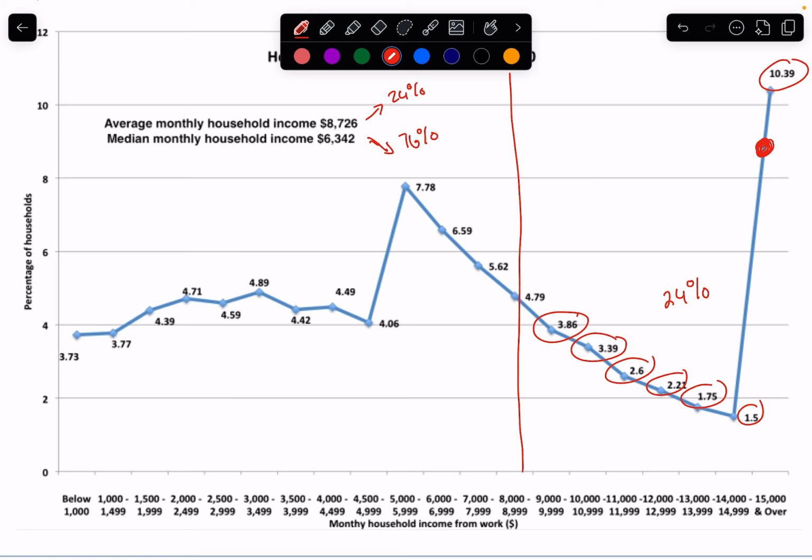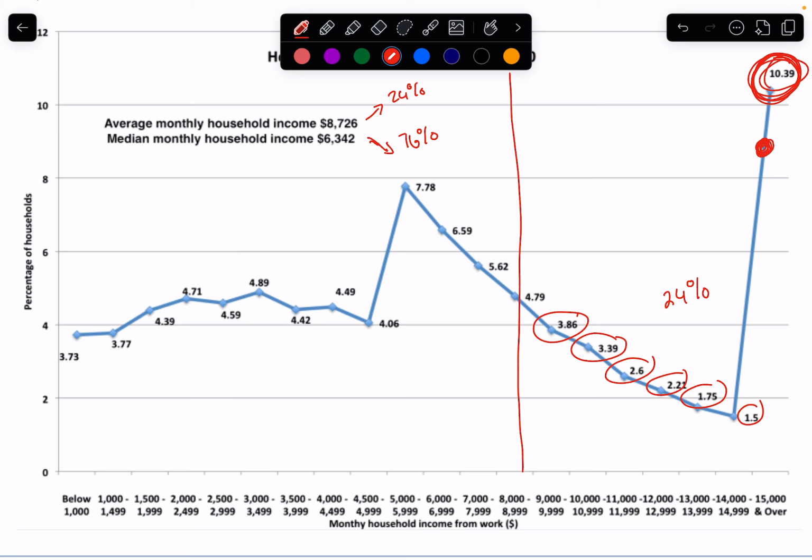So how is $8,700 the average household income? Because of these big numbers up here, right? You've got this high percentage, 10% of people, it looks like, are making $15,000 or more a month. And I would imagine that's because that goes up really high. But that presents a false sense of information.